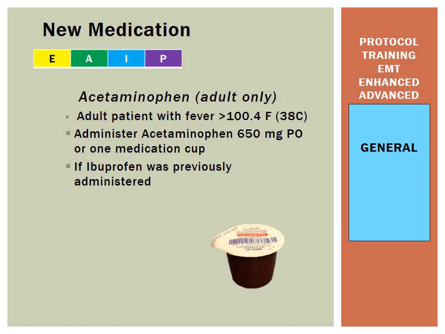Now, this protocol states if ibuprofen was previously administered. Why that statement is there is because if the patient had self-administered Tylenol prior to your arrival, what you need to do is switch the drugs and then administer ibuprofen. And the same is true if the patient had self-administered ibuprofen, then we would switch the drug and administer acetaminophen.